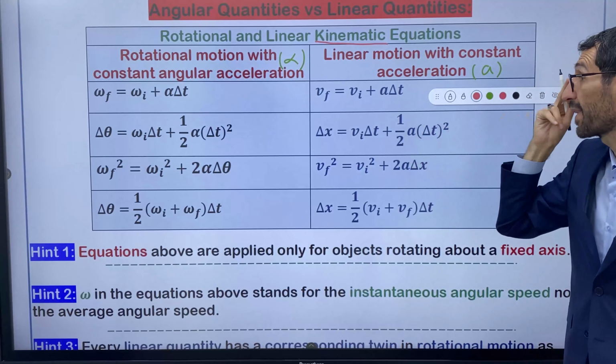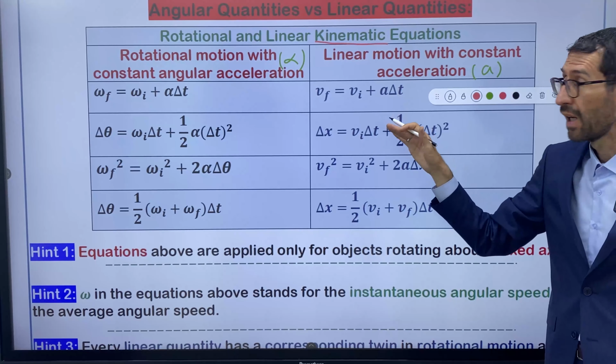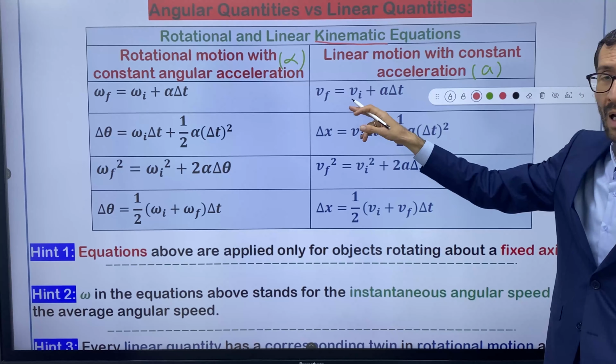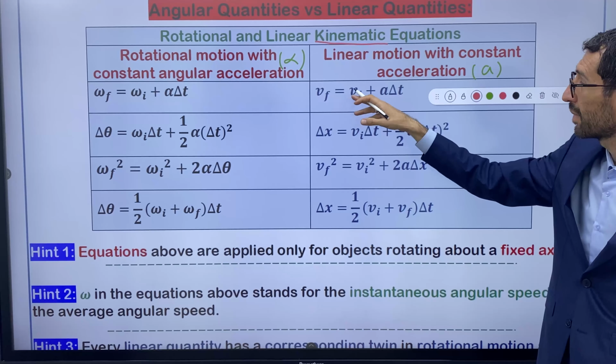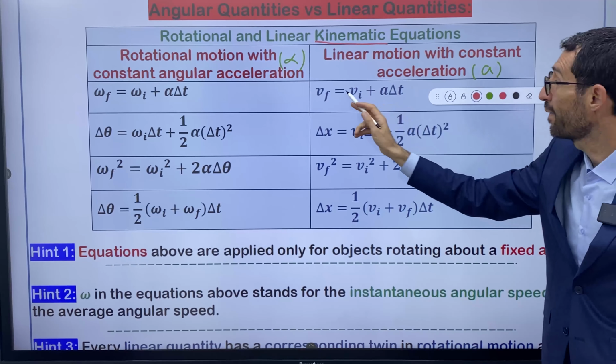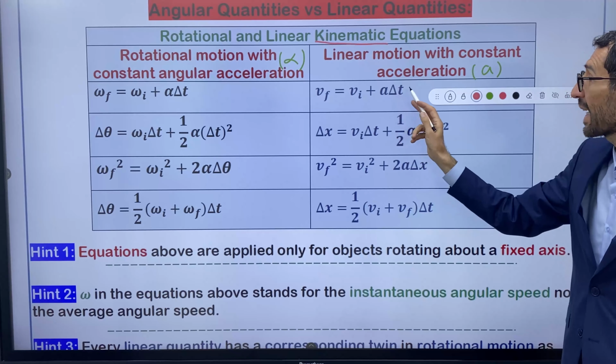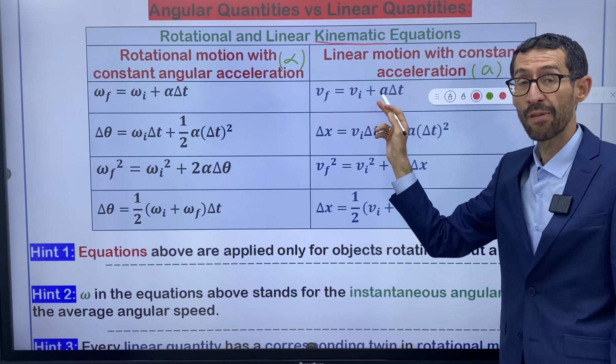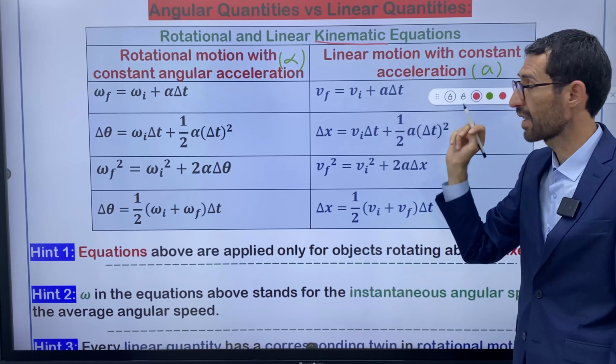So let me read the first equation and its twin in rotational motion. For example, this is the old equation: Vf is equal to Vi plus a delta t. Final velocity is equal to initial velocity plus a delta t.